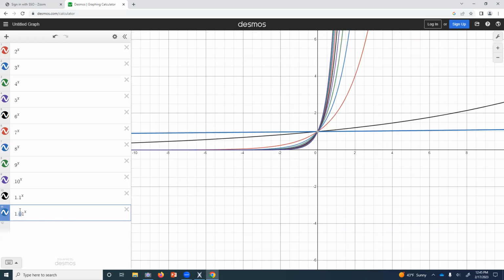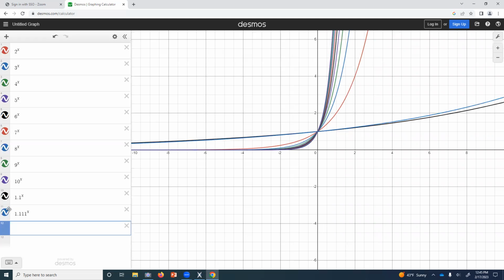So let's maybe not make it quite so small so we can get a little bit more of a visual. Okay, there's 1.11, 1.09 to the x power. So it can be bigger than 1, and it can be slightly bigger than 1, but it cannot be exactly 1.